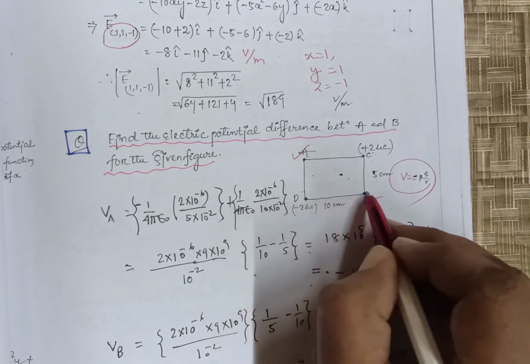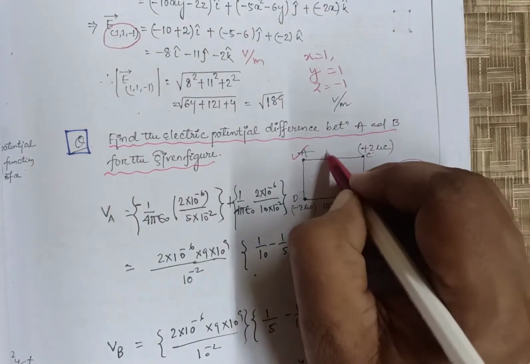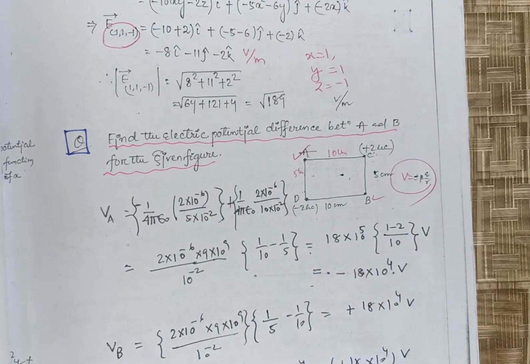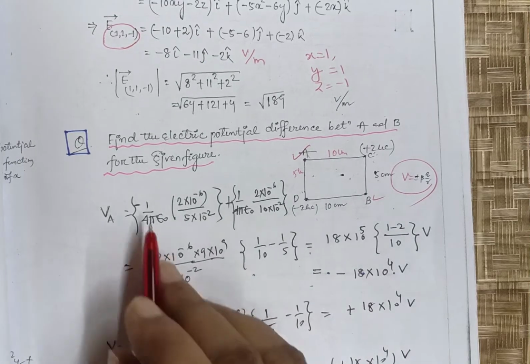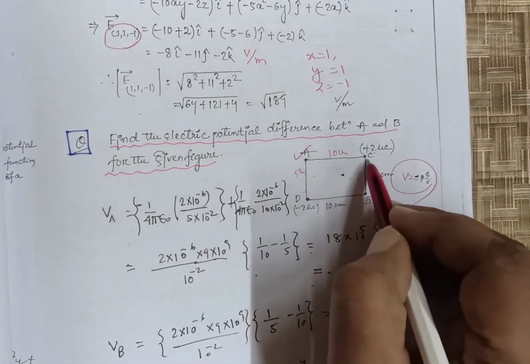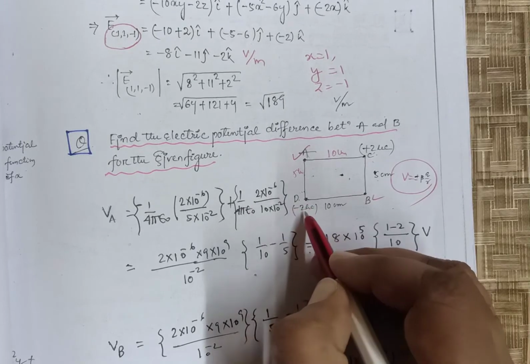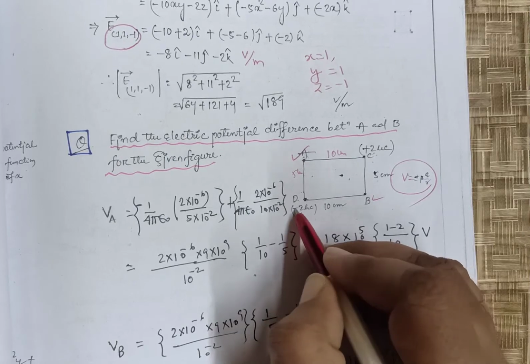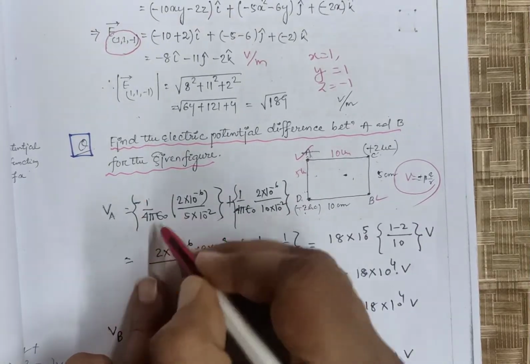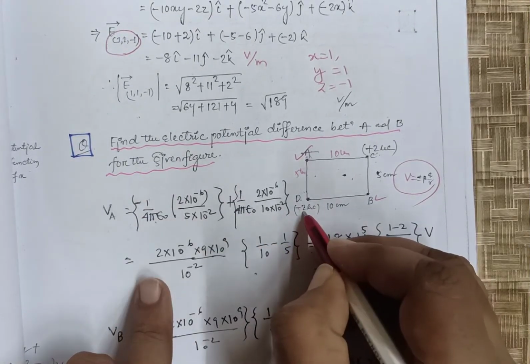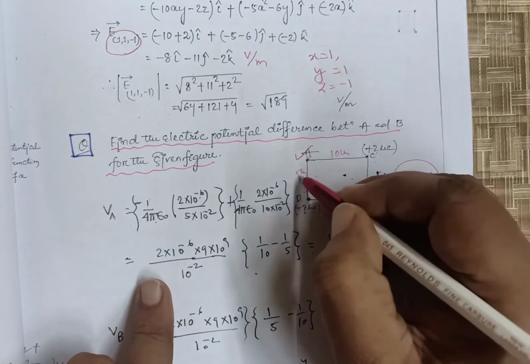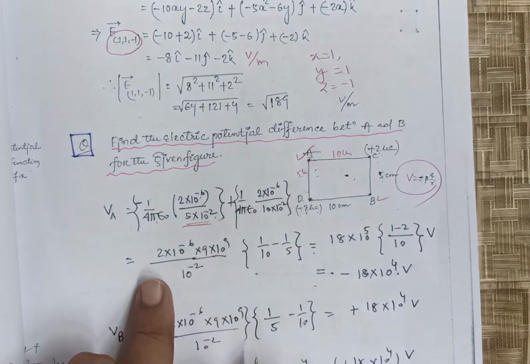As the question mentions, this is 10 centimeter and this is 5 centimeter. So this is also 10 centimeter and this is also 5 centimeter. We have decided to do this problem in SI units, so beta value is 1 by 4 pi epsilon 0. VA due to source charge D is calculated first, so a minus sign is put here: 1 by 4 pi epsilon 0, source charge 2 microcoulomb converted to 2 into 10 to the minus 6, divided by distance 5 centimeter, also converted to meter.